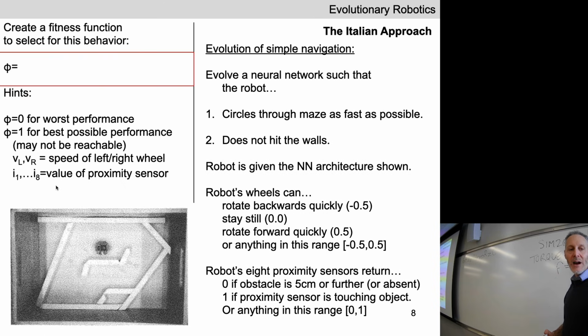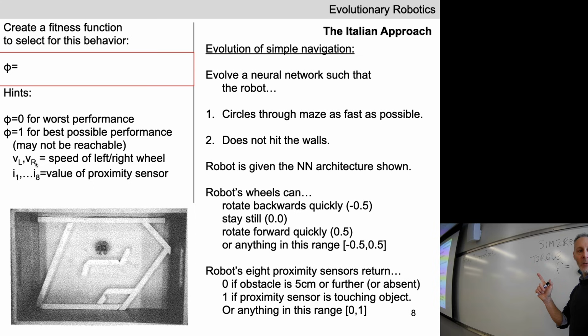Let's assume that I1 through I8 are average proximity values, and VL is the average rotational velocity of the left wheel, and VR is the average rotational speed of the right wheel.